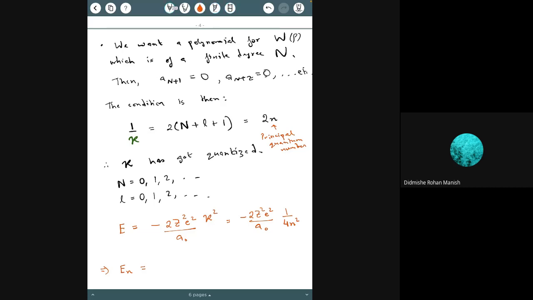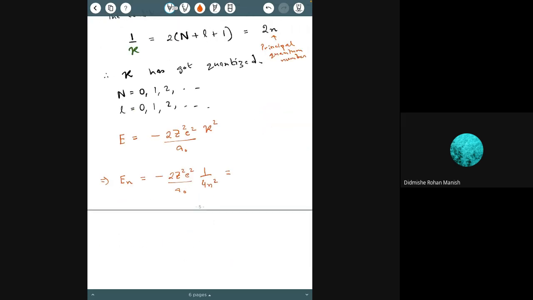So this was my expression, and the quantized energy levels are minus 2n by 4n squared, which is minus 1 by n squared. So these are the energy levels that you get even from Bohr theory, and it depends entirely on n.